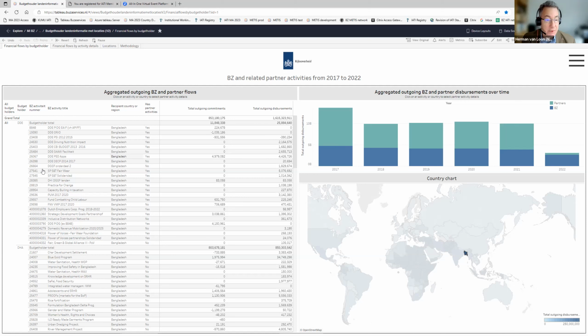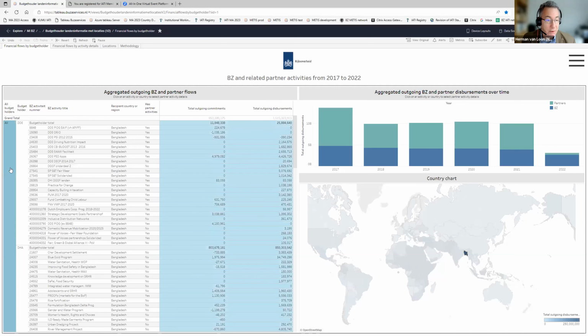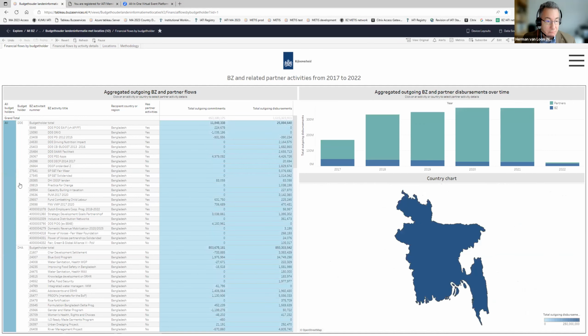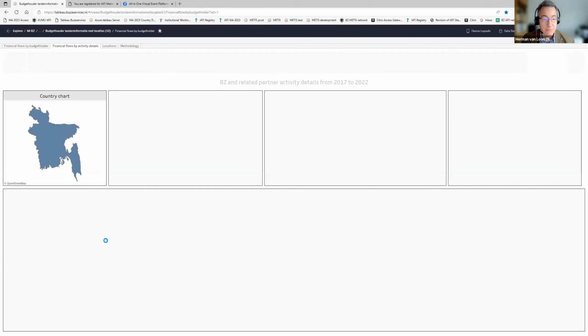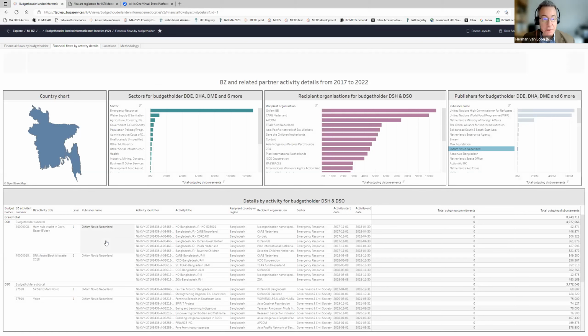Then let's say, what then are the details for that country? And I show you the detailed partner information. And what I see here now is what is happening with the funds of the Dutch Ministry of Foreign Affairs and who is involved. What you can see here is the sectors which are being funded.